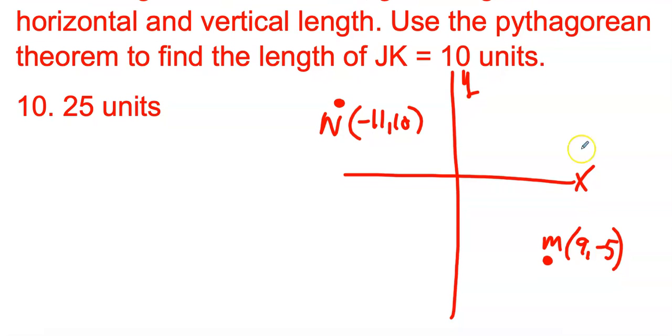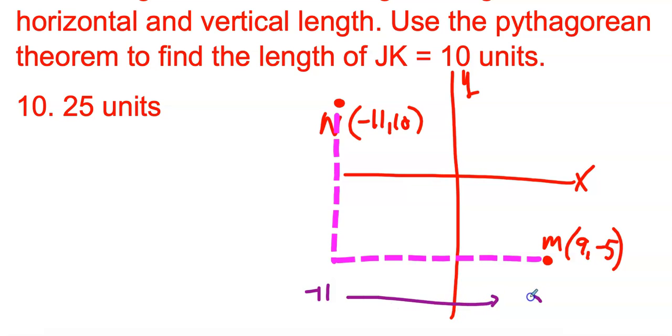So the next thing I'm going to do is draw a horizontal line and a vertical line. So I can do it going left and right, or you could do it going up and down. Okay? So to find your horizontal value from left to right, you have to look at your x coordinates and ask yourself, well, how did they go from a negative 11 all the way to a positive 9?